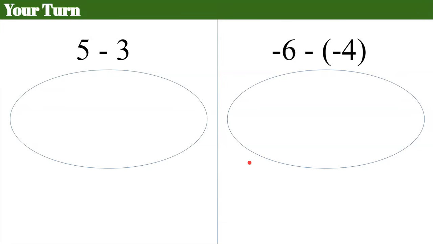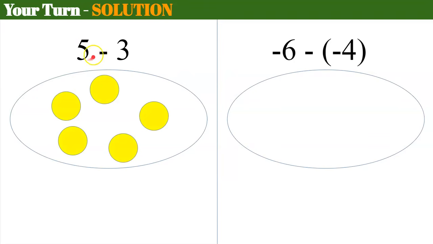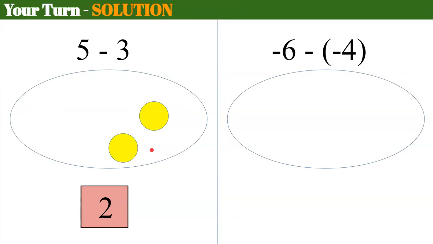Welcome back. Let's check your work. I'm going to start by putting 5 positive integer chips on my mat. And then I need to subtract 3 positives. So I'm going to find 3 positive integer chips, remove them from my mat, and I'm left with 2 positive integer chips, giving me a difference of 2.